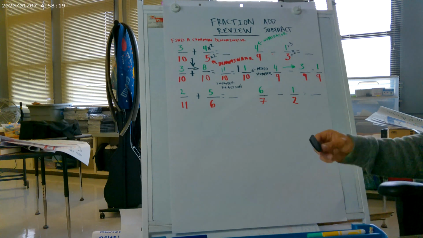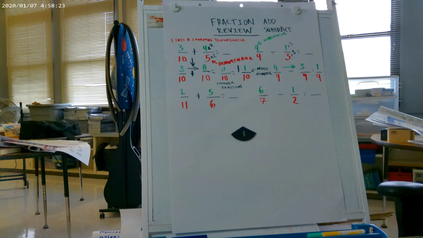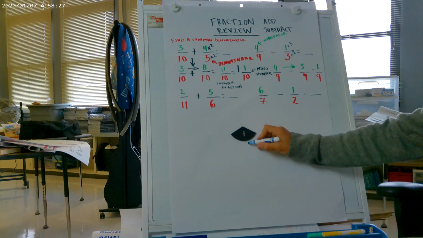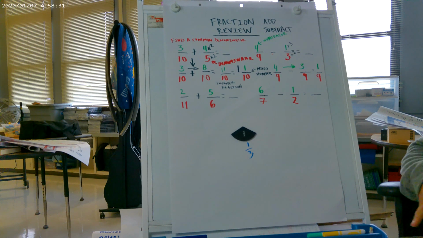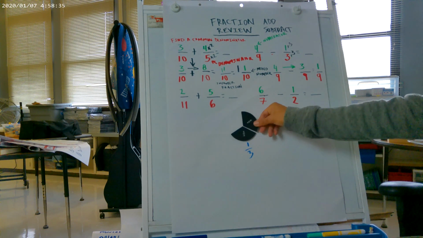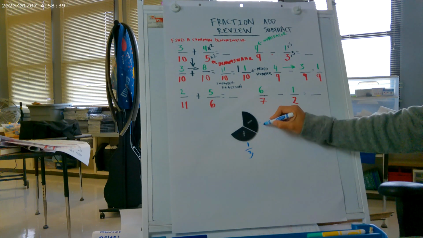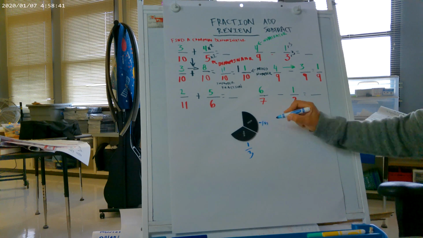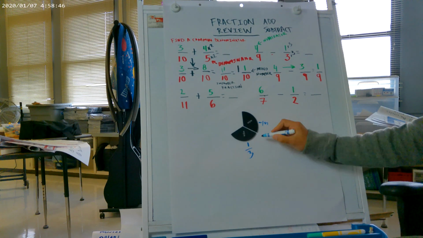All right, guys, so if we have 1/3, and you can't see the numbers on it very well, so I'm going to write them in. If you have 1/3, and then you add another 1/3 to that, that is just going to equal 2/3.